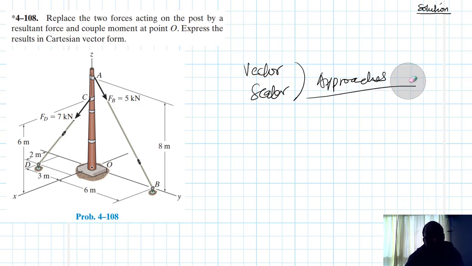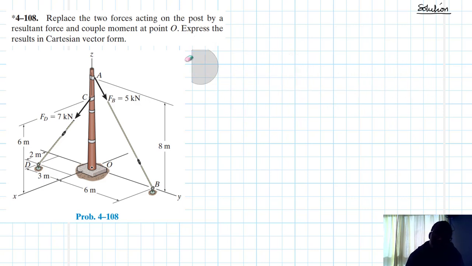For me, I'm going to use the scalar and then later on convert the result into a vector. So first and foremost, let's define the slopes. This one is in a single plane, which is the ZY plane. So I can define easily my slope in this particular plane.